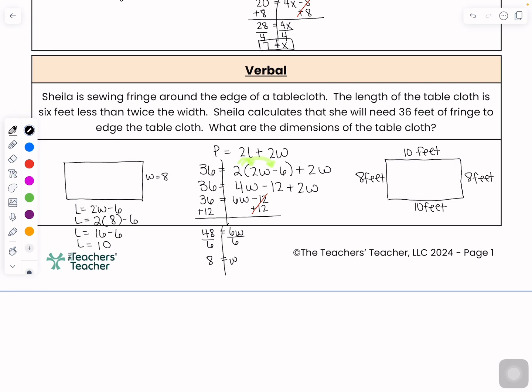Well, we know 10 plus 10 is 20, 8 plus 8 is 16, and 20 plus 16 is 36. So the dimensions of our table are 10 feet by 8 feet.